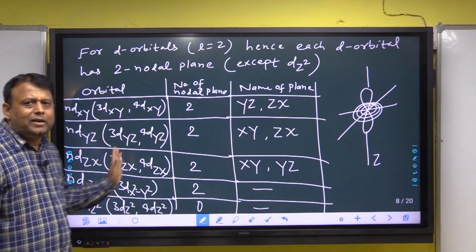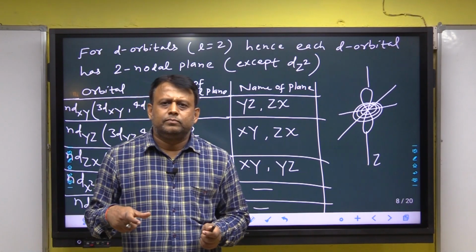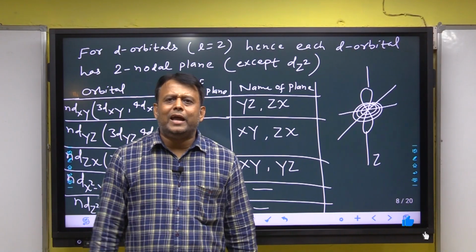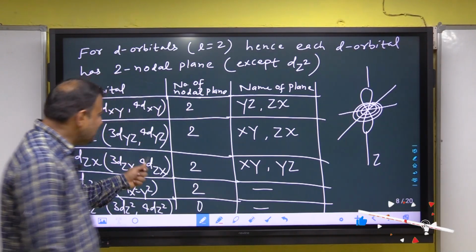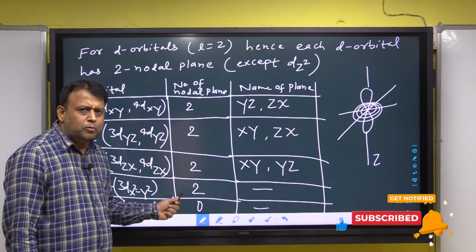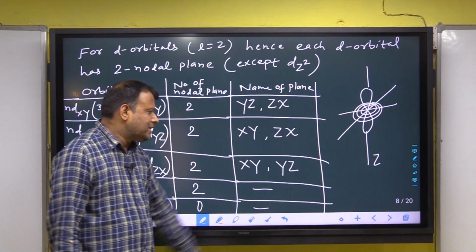For any dzx, dzx means both dumbbells lie between z and x axis, and for any dzx, number of nodal planes is 2, and names are xy and yz.